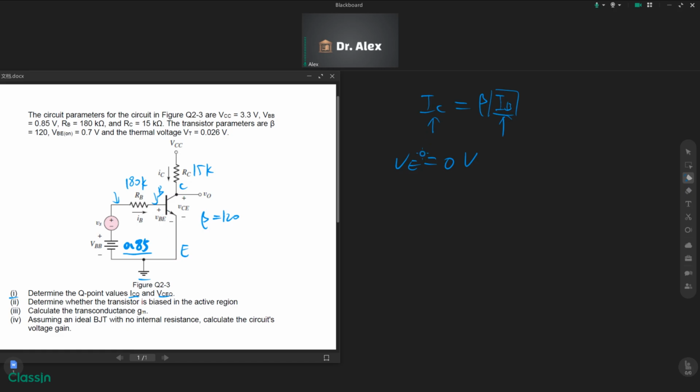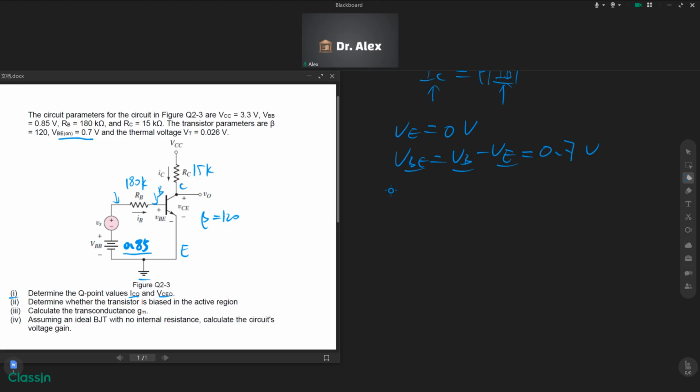We know from the question that VBE equals VB subtract VE equals 0.7. Be careful: you should know the difference between potential and voltage. Voltage is the difference between potentials. So we know VE is 0.